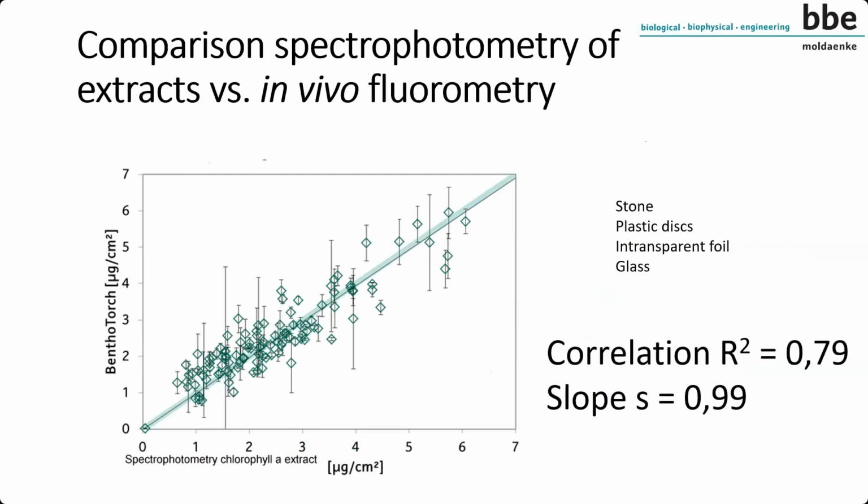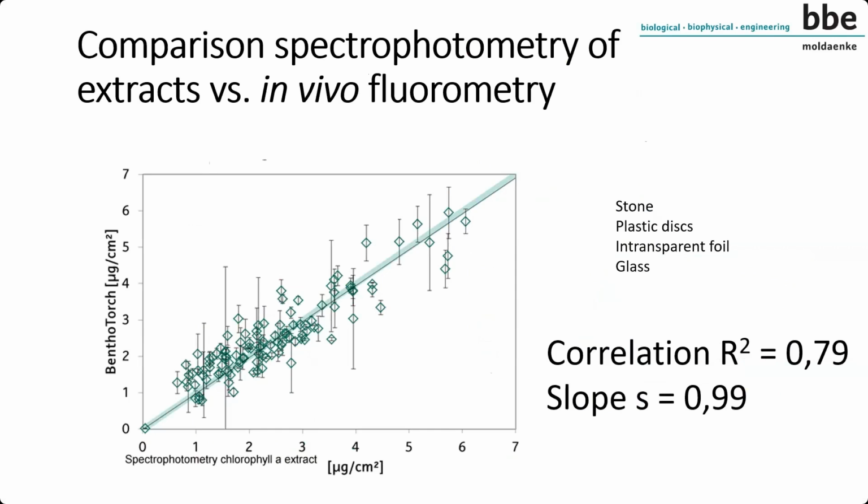So we did a lot of measurements with this, and this means that we tried to let the Microphytobenthos grow on different materials. And we have here stones, plastic discs, transparent foil, glasses, tiles, everything which we did.